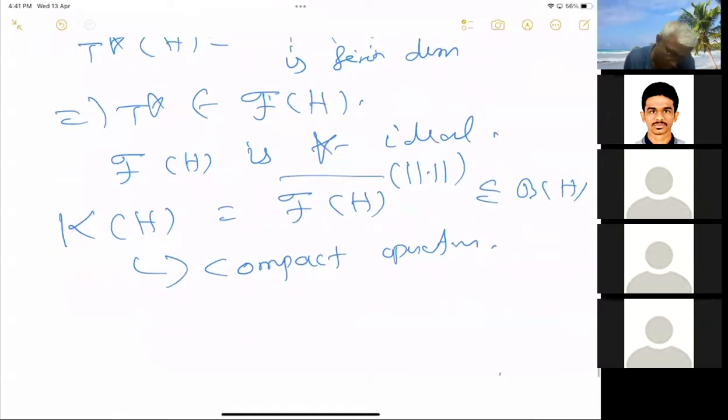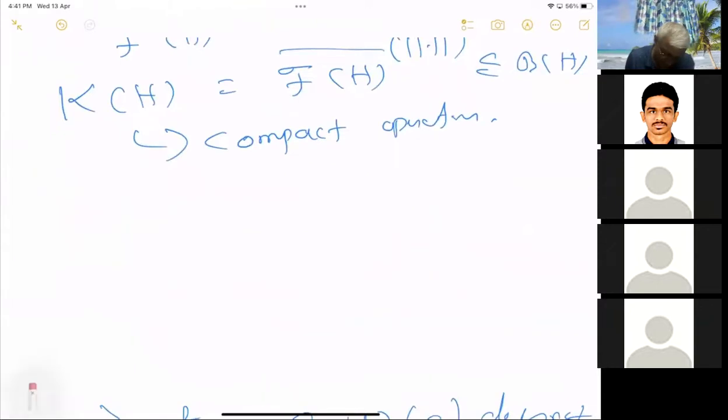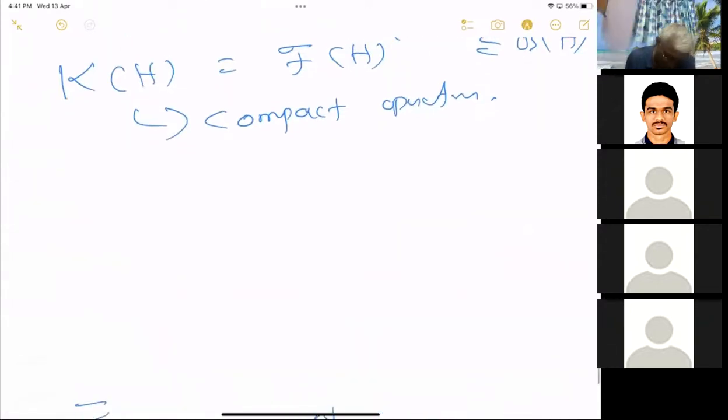So this is a compact operator. Since I don't have time, I will not prove anything about compact operators today, but I will say something about finite rank operators. See, there is another topology.